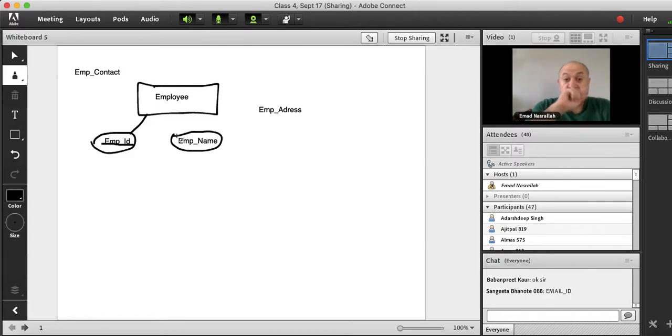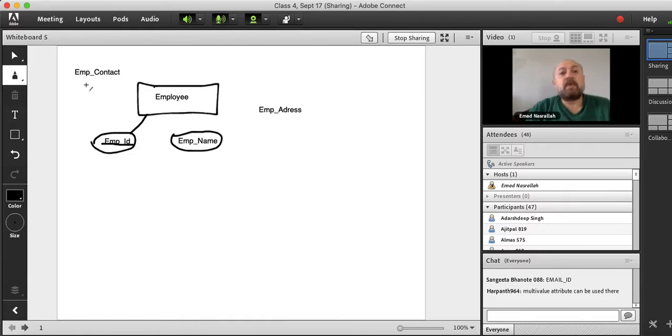Now, for the contacts, some people have more than one value for the contact. Like the contact may be phone number, like home phone, cell phone, another cell phone.